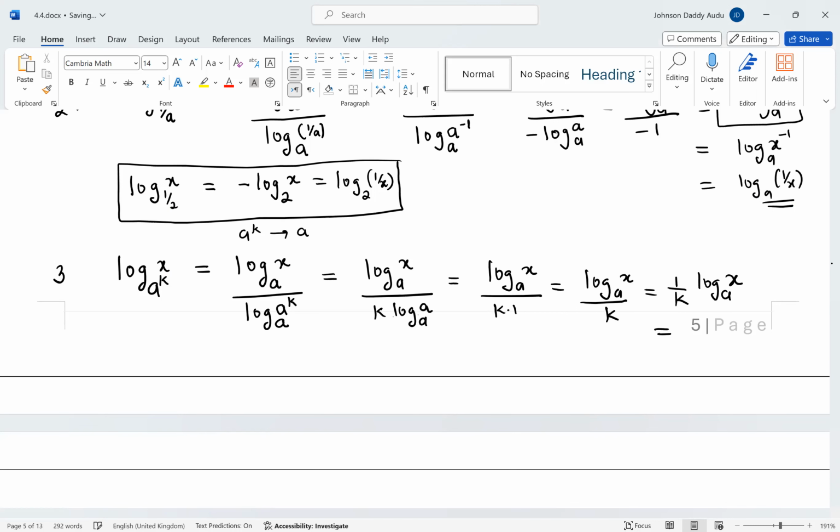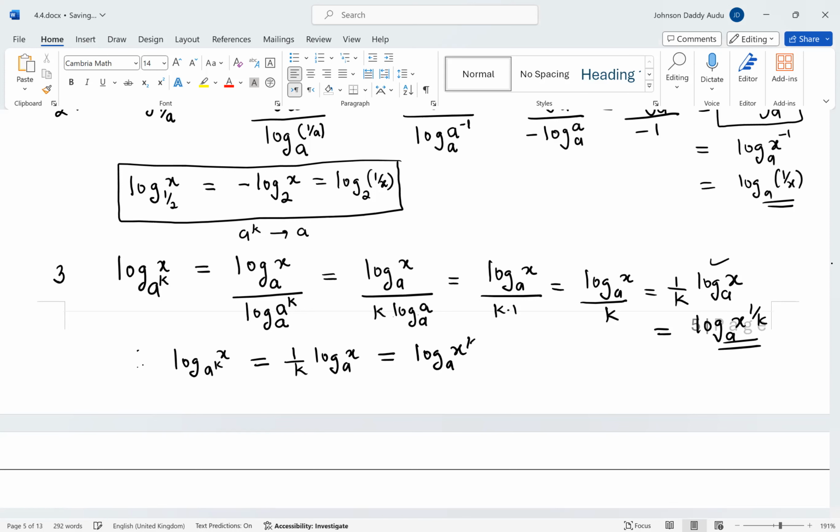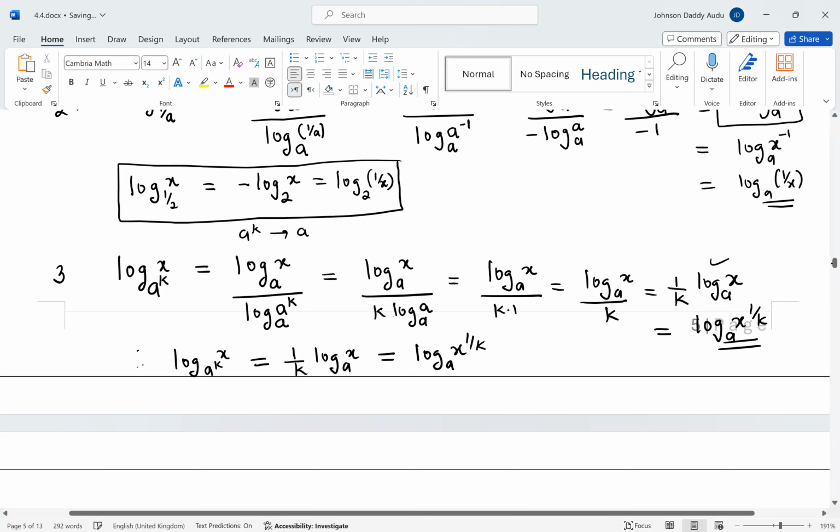And this 1 over k can go up, so you just have log a of x to power 1 over k. So you see, if you have log of a to power k of x, you can write it as 1 over k log a of x, and it is still the same thing as log a of x to power 1 over k. So this is another fact.